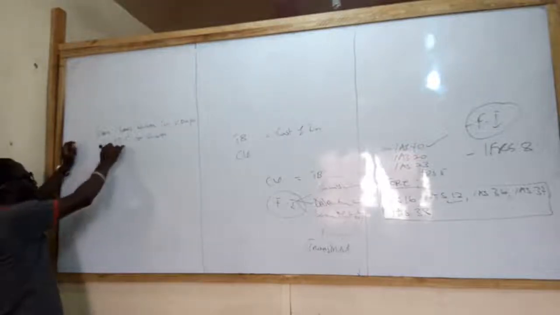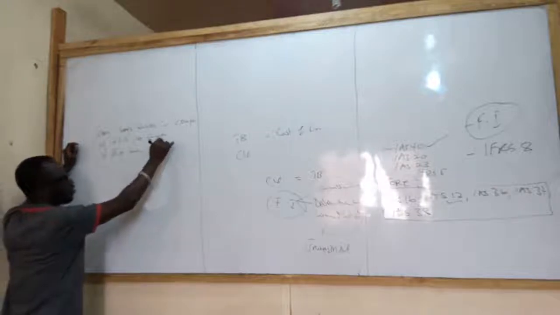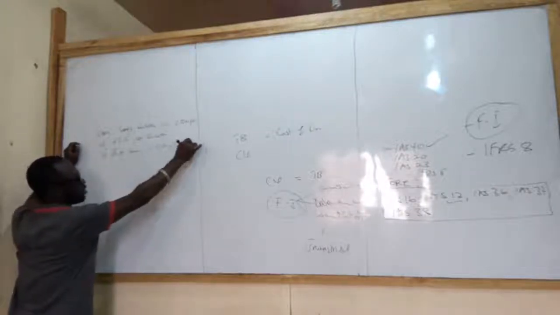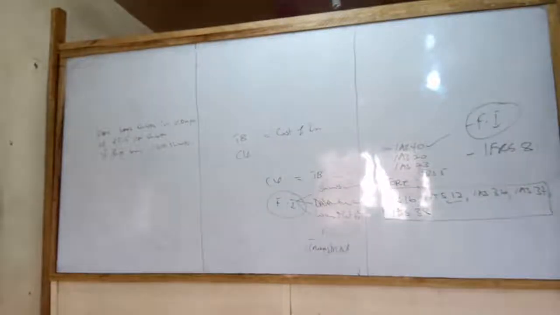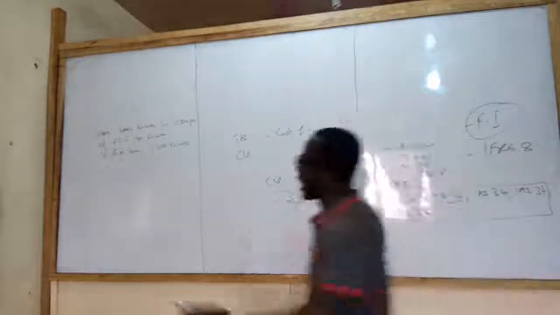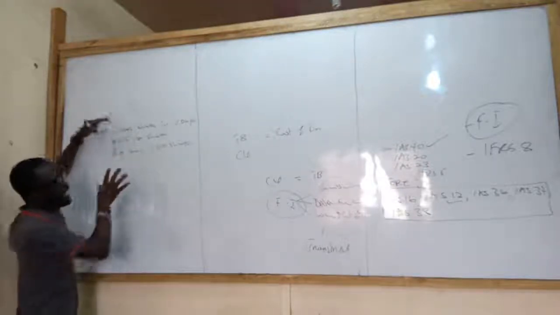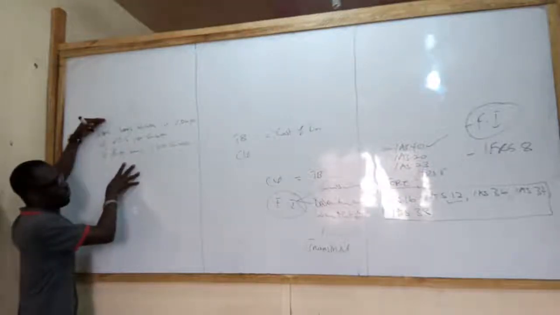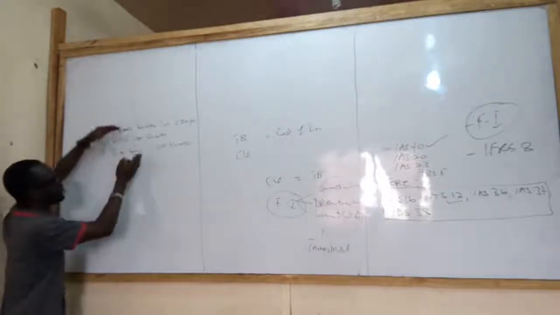If they buy 1,500 shares, this is the concept. So Ken buys 1,500 shares at 2.5. This is under financial instruments, which I'll be doing in a moment, but let me talk about it so that I link it to the deferred tax.